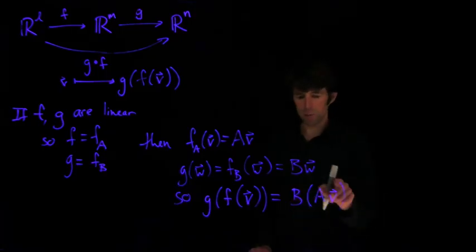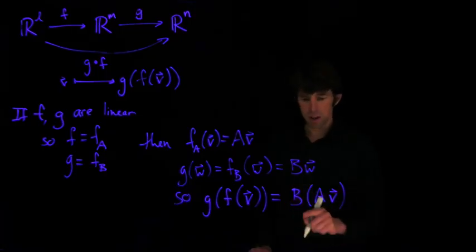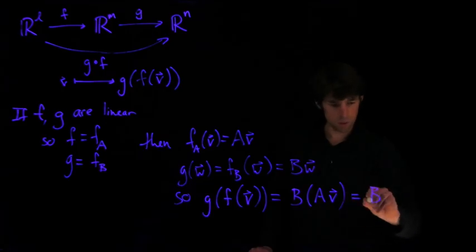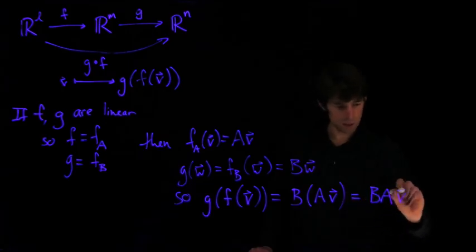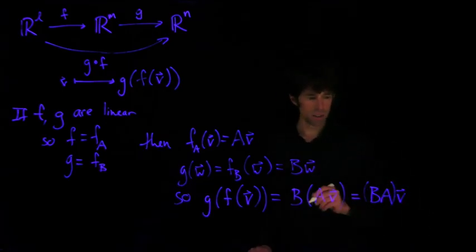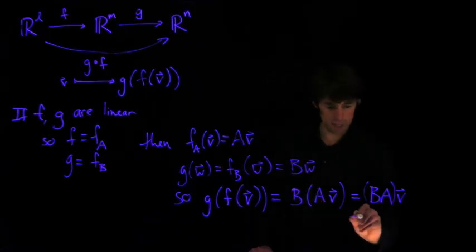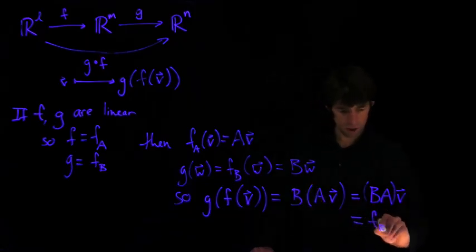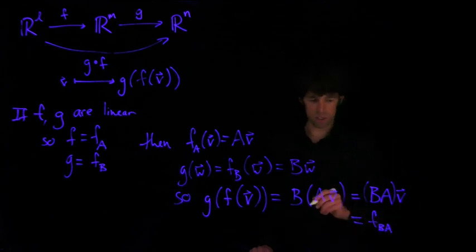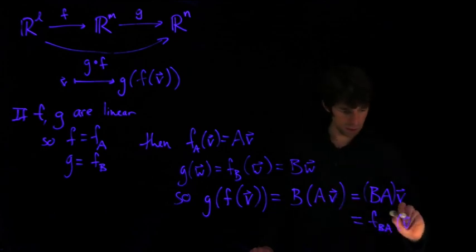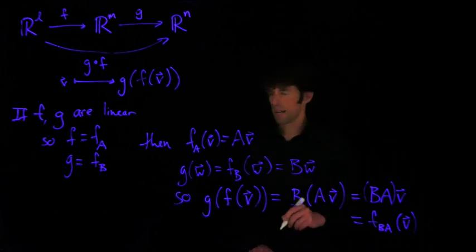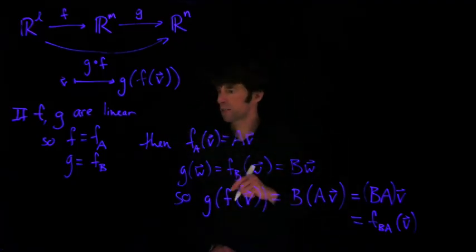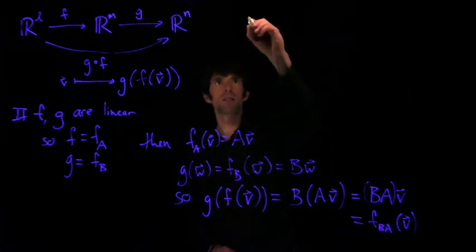Now, matrix multiplication is associative, so I didn't need to write these parentheses. I can just write this as B times A times v, or I could put the parentheses in a different way. And this is equal to the linear transformation associated to the product of these two matrices applied to the vector v. And so the punchline of this is composing linear maps corresponds to matrix multiplication.